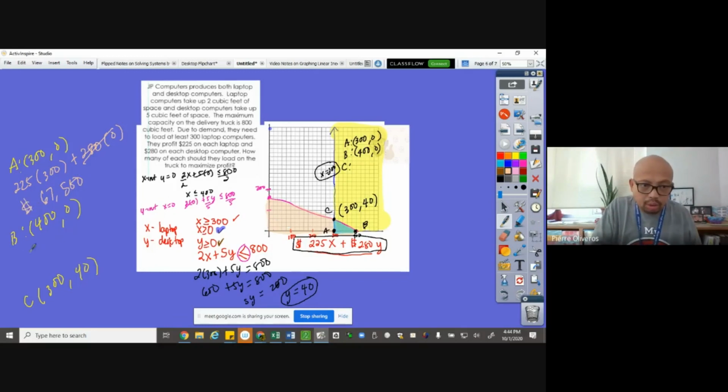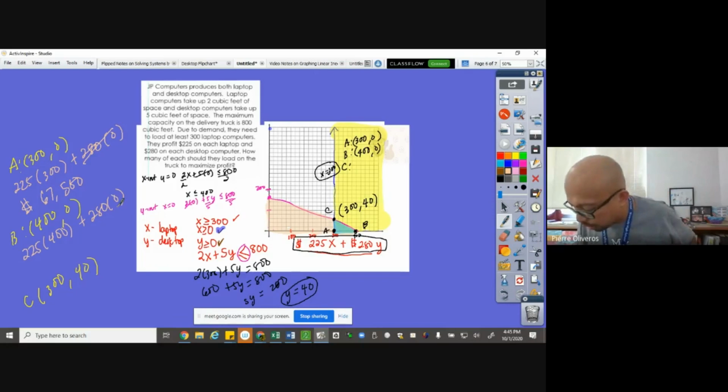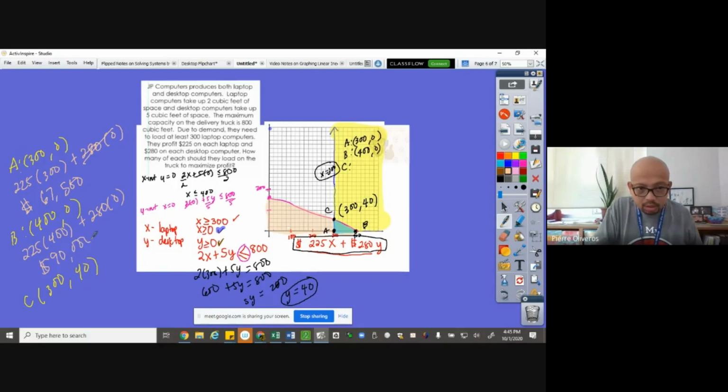If we pick 400, so 225 times 400 plus 280 times 0. So that will be 225 times 400. The company, the JP company, will earn here 90,000.